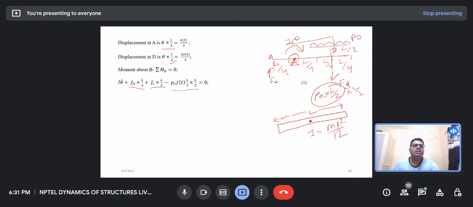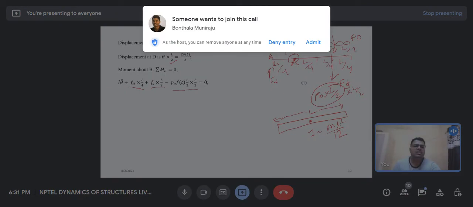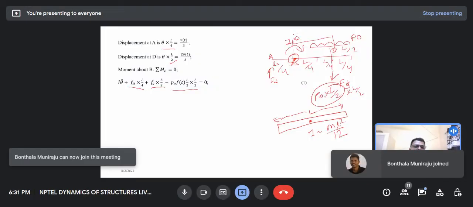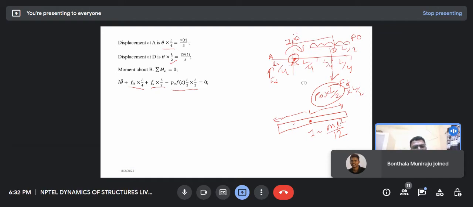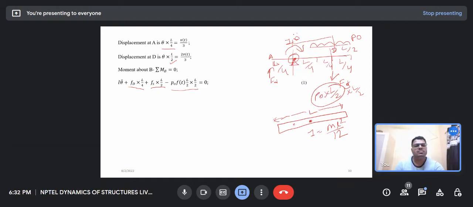Now we have to calculate the inertia about point B, because we have taken the moment of the inertial force about point B. So how can we calculate it? Generally we apply the parallel axis theorem: the inertia about the center plus mass into the square of the distance between these 2 points. And the distance between these 2 points is L by 4, so that will be L by 4 square.